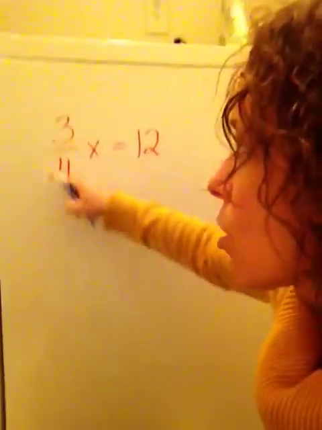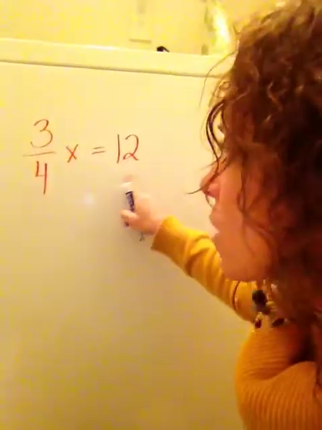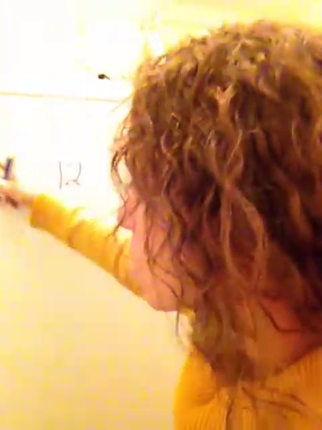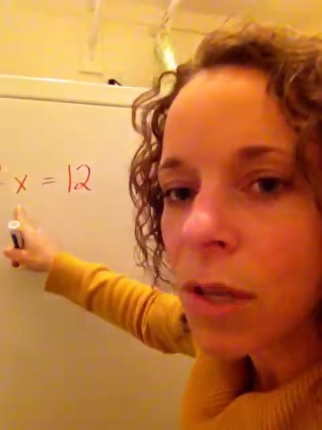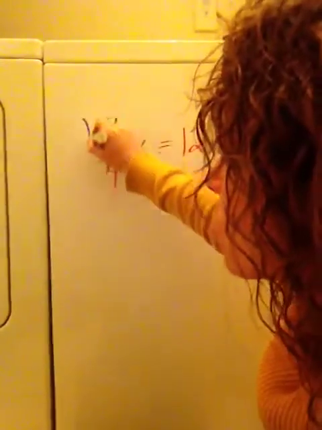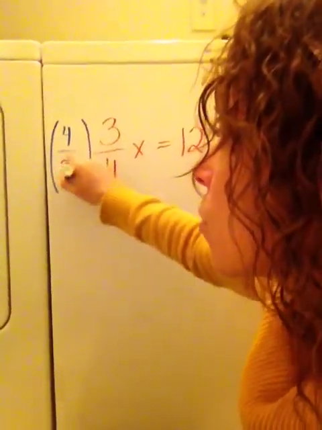And it has to be the coefficient, meaning it has to be multiplying by the variable. If this is the fraction and this is a whole number, I'm not talking about that. I'm talking about when this number right next to the variable is a fraction. So remember, the reciprocal is just the flip. So I'm going to times this side by 4/3.